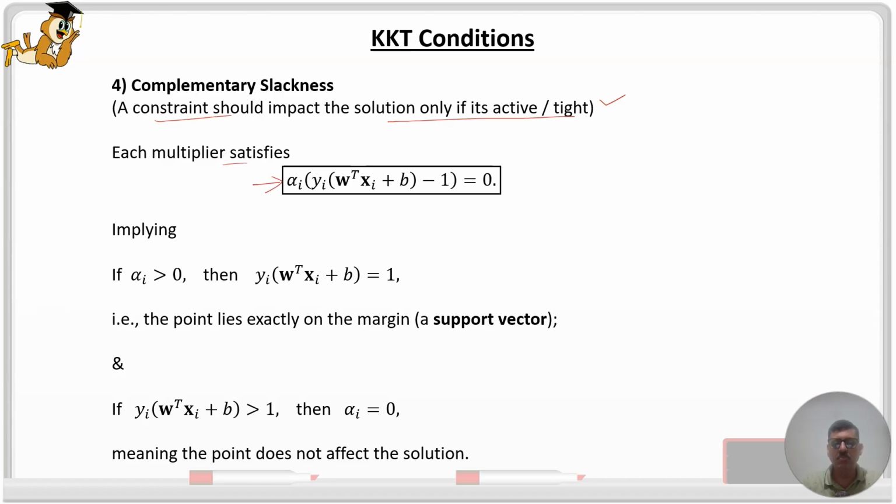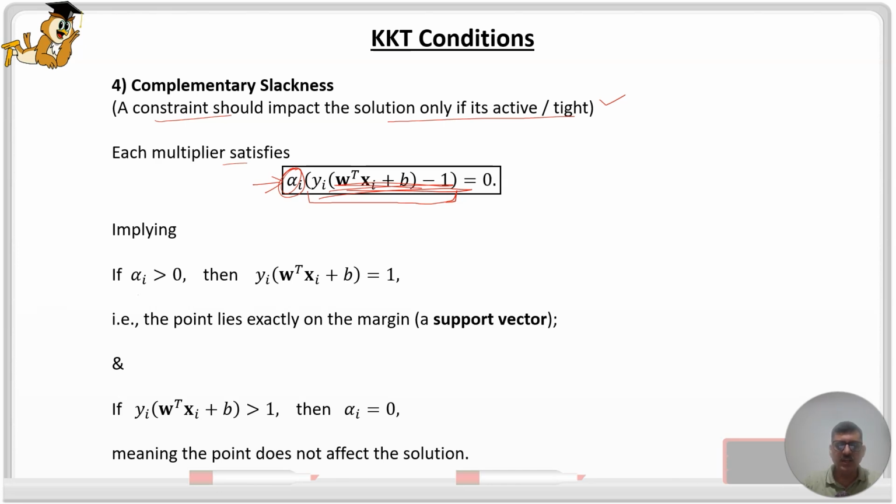This is known as complementary slackness. What does this mean? It means that if alpha i is greater than 0, then this quantity will be equal to 0. In other words, yi times W transpose xi plus b will be equal to 1. So either this is non-zero and this is 0, or this is 0 and this is non-zero. That is what complementary slackness means.